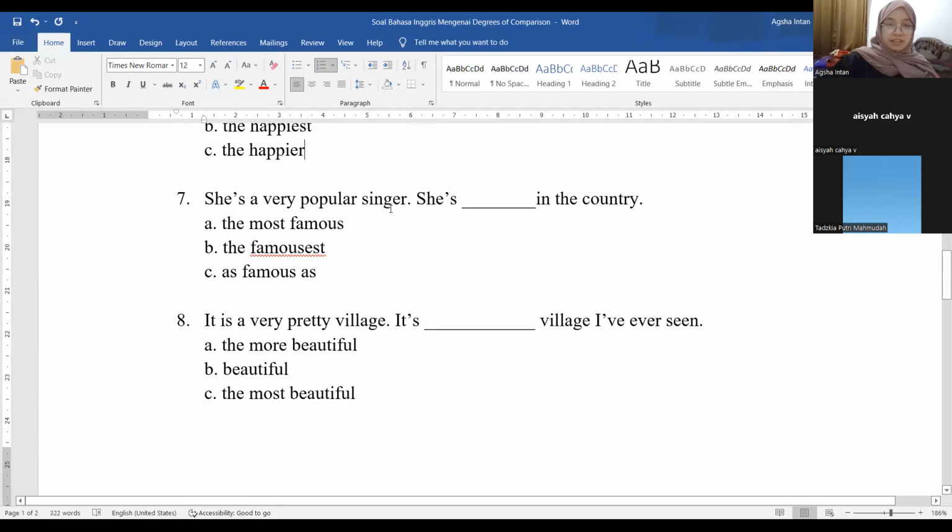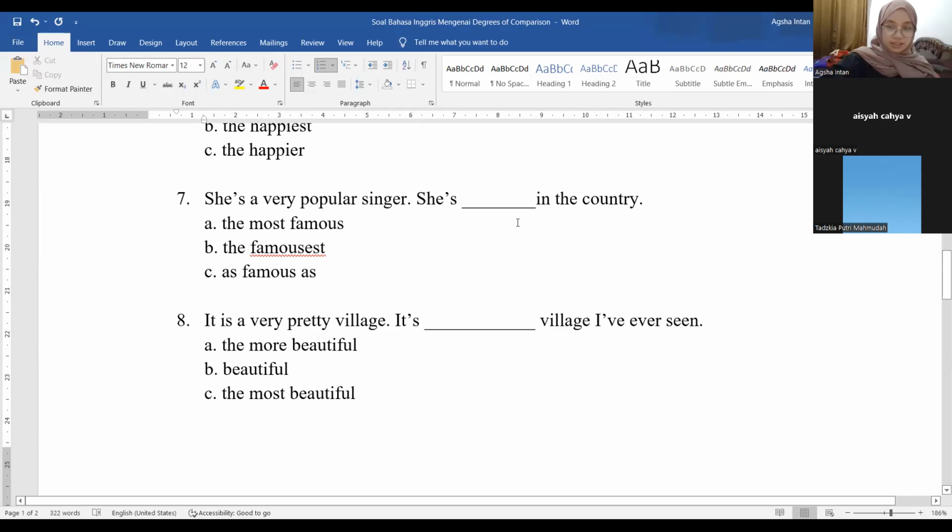She's a very popular singer. She is blah, blah, blah in the country. What do you think the answer is? Can you spot the clue?